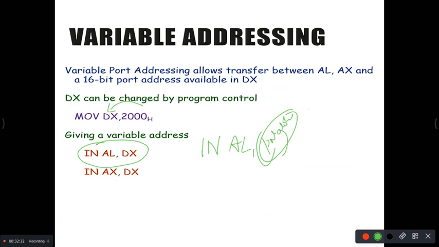Of course, we are using one extra statement here. If your program requires that, you can put the address in the DX register and indicate it here. That means this DX register has the address of the port. It has no other significance. This is just programming. This is the way you can do the IN instruction.